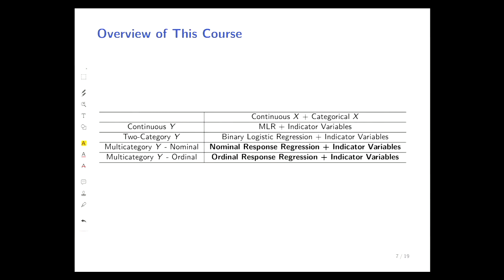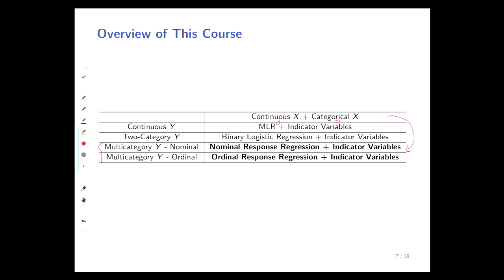So we have already talked about continuous and 2-category response Y by using the multiple linear regression model and the logistic regression model. In today's lecture, I will talk about the multi-category response Y by considering nominal and ordinal response regression models. In this case, we may have continuous X and categorical X. When we have the categorical X, we always use indicator variables to help us.